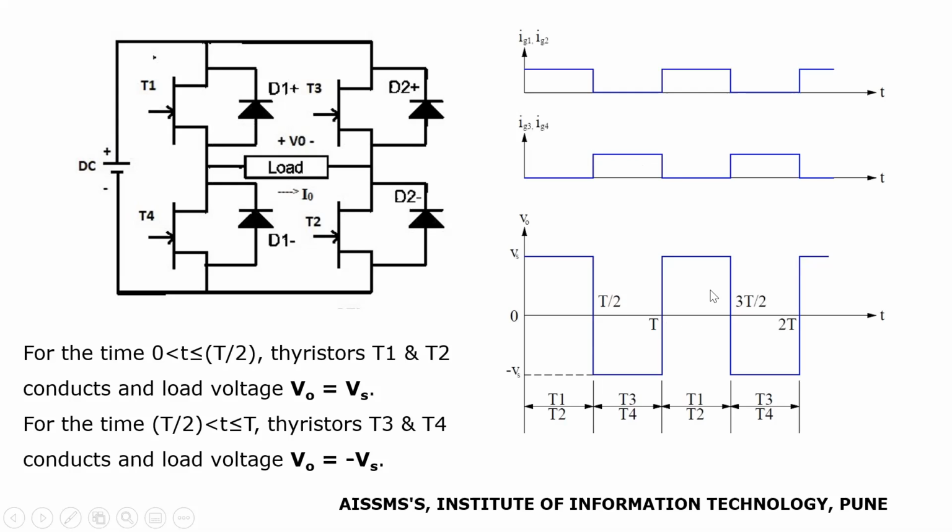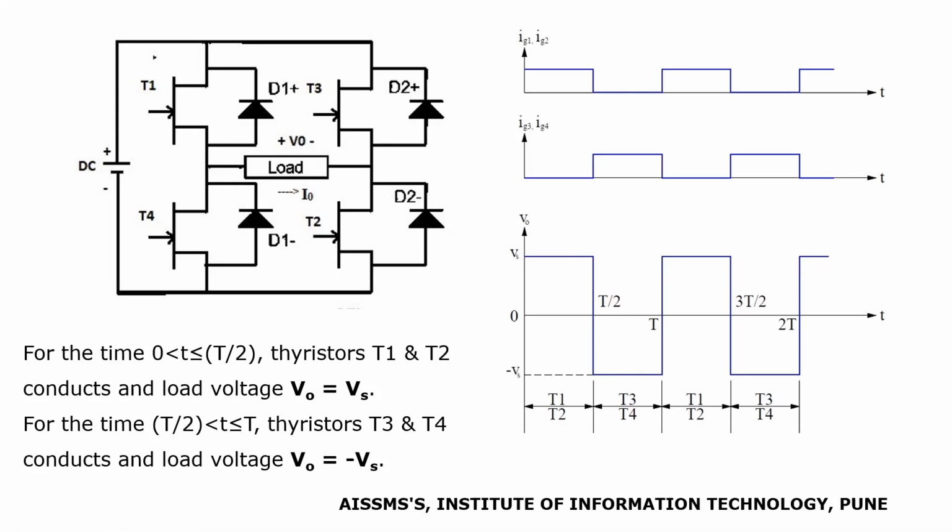So what we observe here is that the nature of the output voltage waveform is a square wave. As we have considered a resistive type of load here, we are getting the output voltage waveform in a square form. As this is a resistive load, the output current and output voltage are in phase.